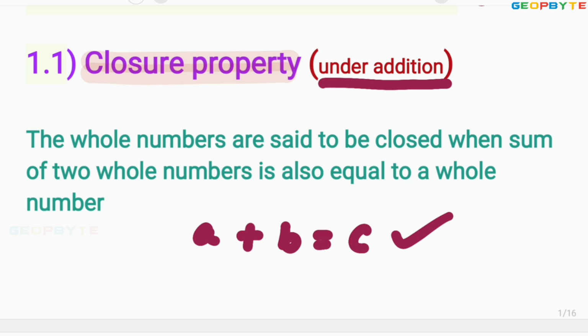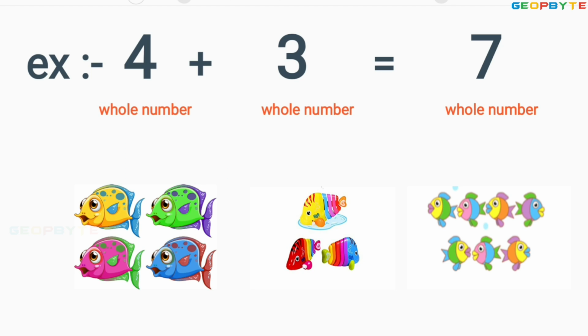For that, I took an example. Let us have a look at the example. Dear children, look at the screen. 4 plus 3 is equal to 7, right? You know 4 is a whole number, 3 is a whole number.